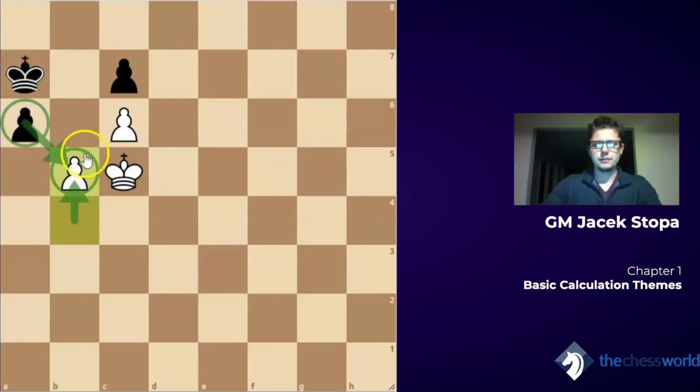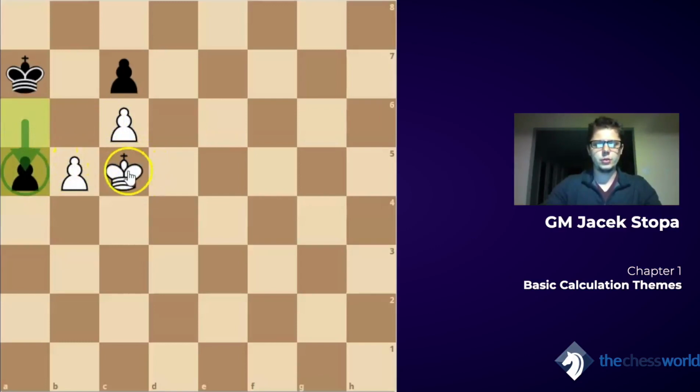So b5, but black has a more dangerous, or seemingly more dangerous move, a5. And now this is an important moment. Well, what happens here? We have to first see what are the real options.